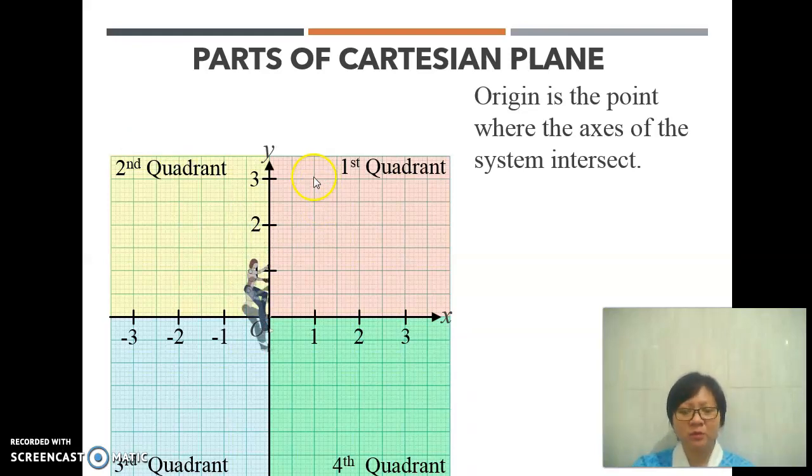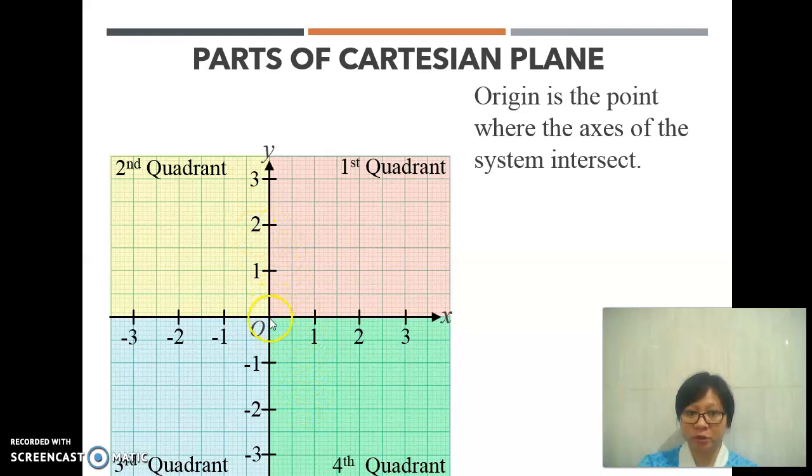If you climb down, it means you are going in the negative direction, so as you go down further, the numbers are getting smaller because it's negative. This is how we label the numbers on the Cartesian plane.